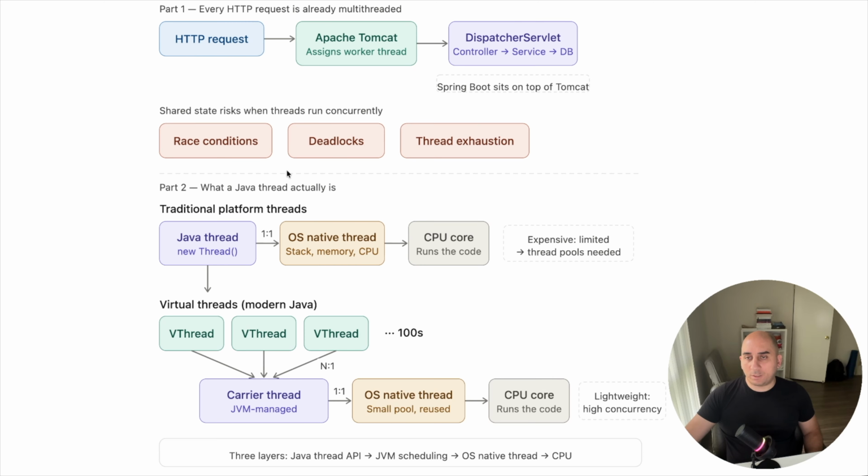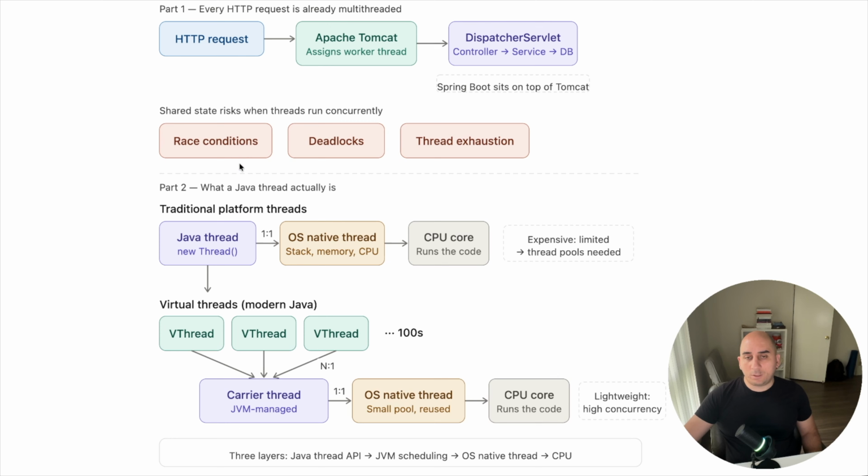It's important because when you are working with these applications, you have to be mindful of multithreading. For example, one of the major issues you may hit when using Spring is a race condition.